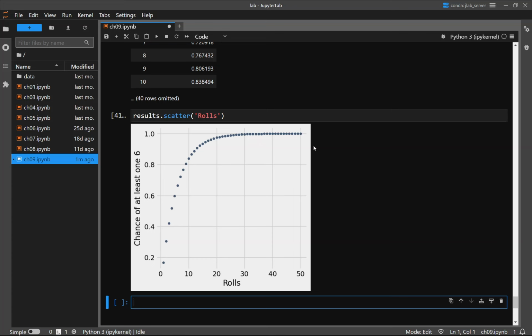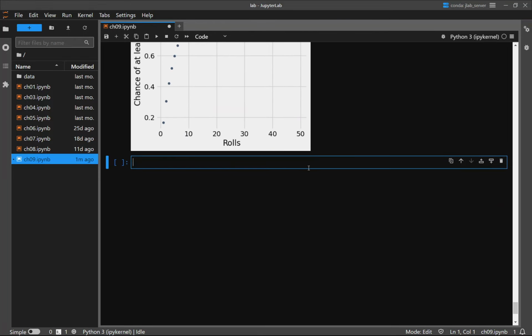When your rolls is 50, it's almost a certainty that you're going to have a 6 somewhere in 50 rolls of a die. Yeah, that's because 1 minus 5/6 to the 50, like 5/6 to the 50 is such a small number. What was the 50th roll?